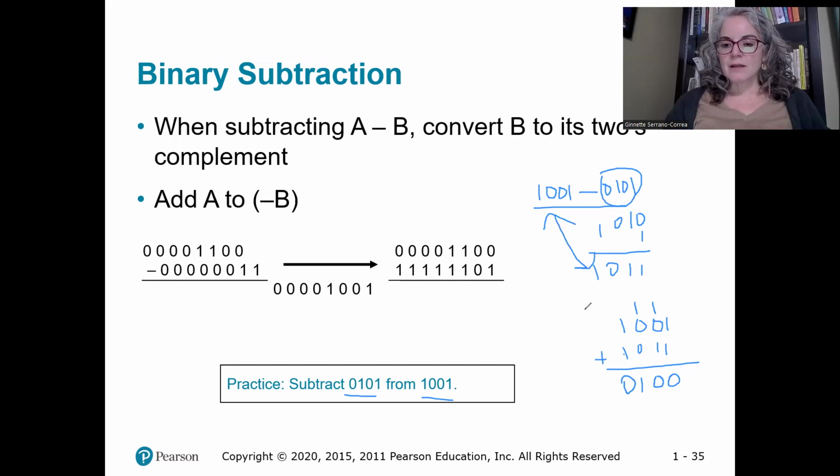And there is a 1 that got carried out, which we did not use. So if we were writing this in 8 digits, then it would be 1, 0, 0, 8 bits. Okay, so always when you say A minus B, convert B to its 2's complement and then add it to A.